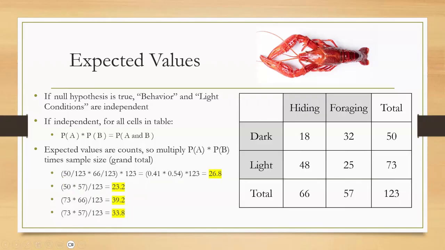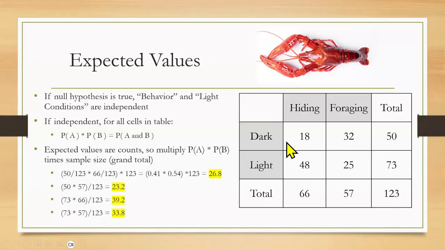When we write it down, it's hard to write it as an actual formula. But if you're a visual learner, it's not so hard. You can calculate the probabilities like this every single time if you want to. You can find the probability of dark, find the probability of hiding, multiply that times the count. You are perfectly welcome to do that. But there's a shortcut, a lazy, smart shortcut.